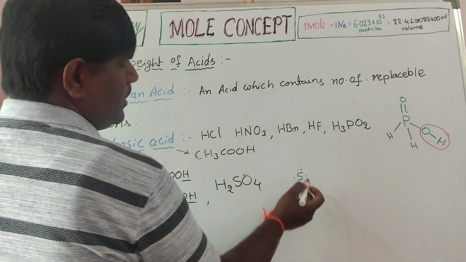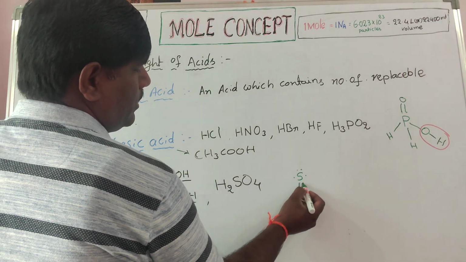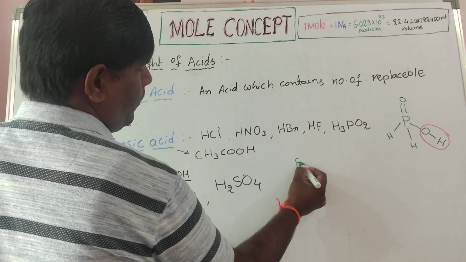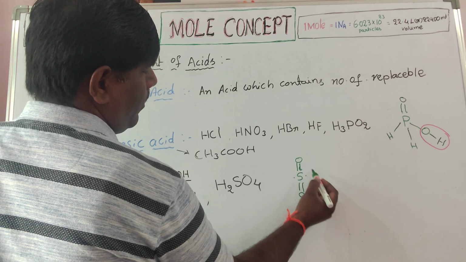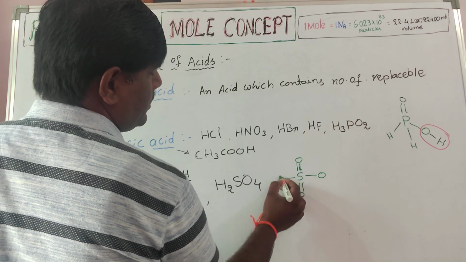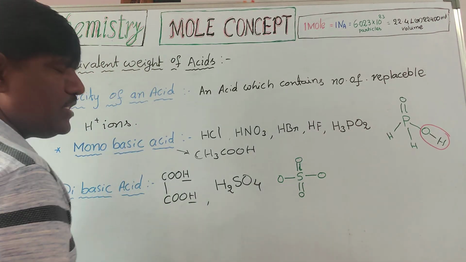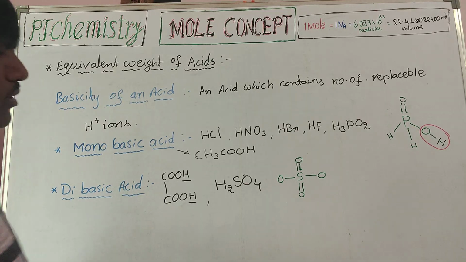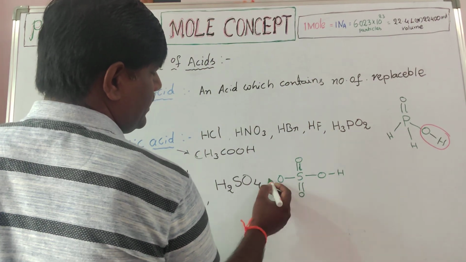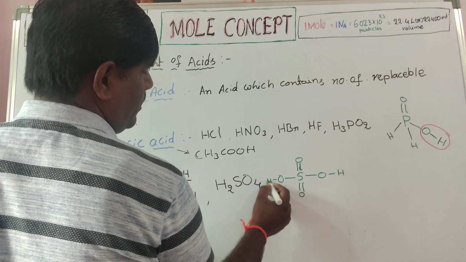Total 4 oxygens are there. 2 oxygens form double bonds with sulfur. The remaining two oxygens have single bonds on both sides. But oxygen valency is 2, so 2 bonds should be there. So this side 1 hydrogen, this side 1 hydrogen.